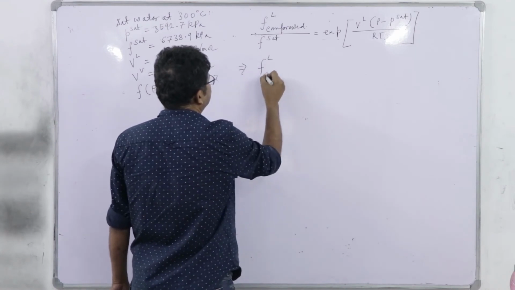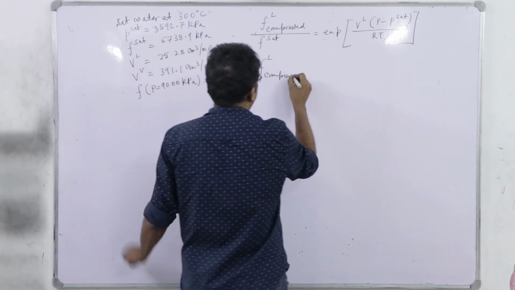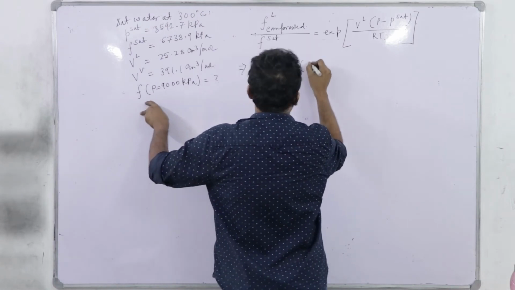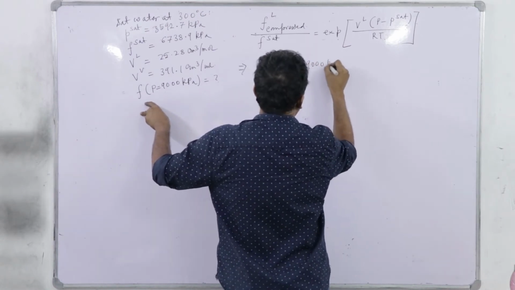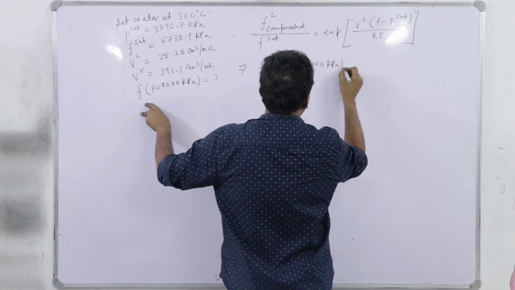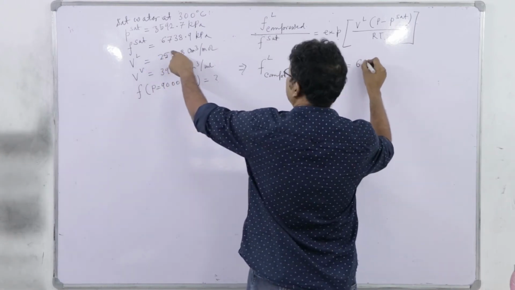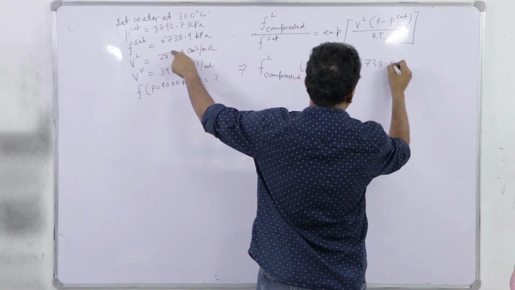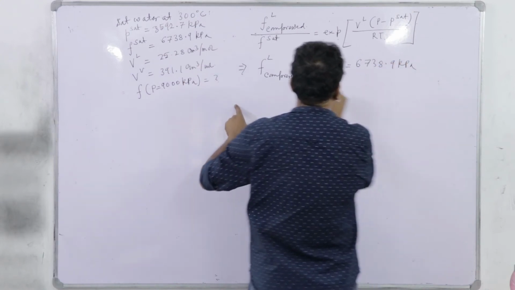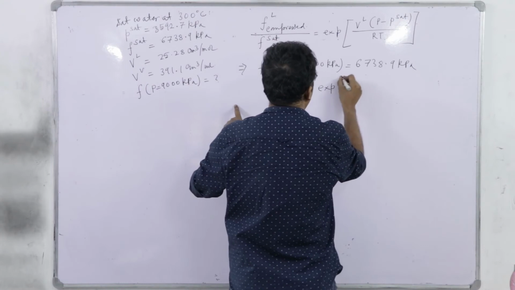So, f compressed, at pressure 9000 kilopascal, is equal to f saturated, which is 6738.9 kilopascal, into this exponential factor.